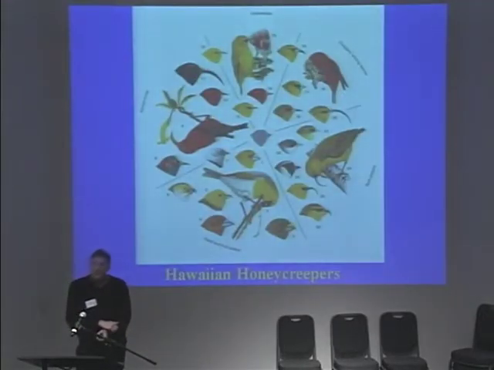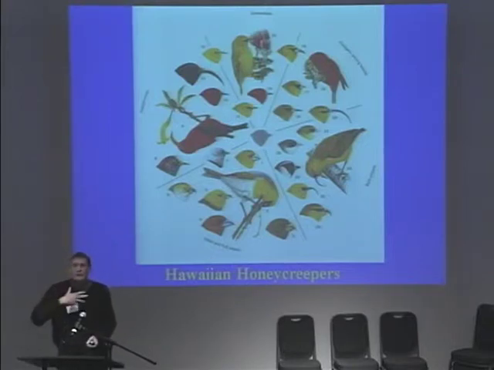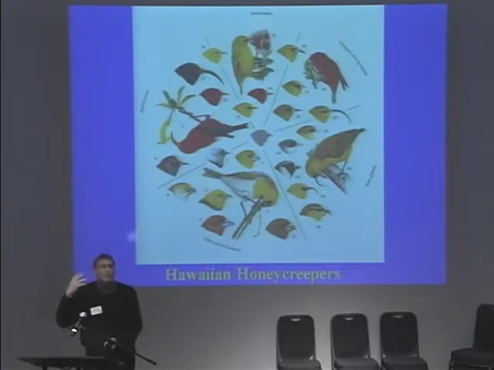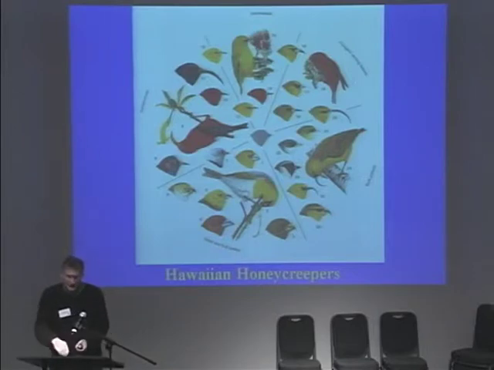The Hawaiian honeycreepers and the Darwin's finches, for example, both groups in which the birds have proliferated to occupy a very wide range of ecological niches, much wider than their ancestors on the mainland occupied. And in fact, both the honeycreepers and the finches occupy ecological types, niches if you will, that are used by many different families in continental settings.